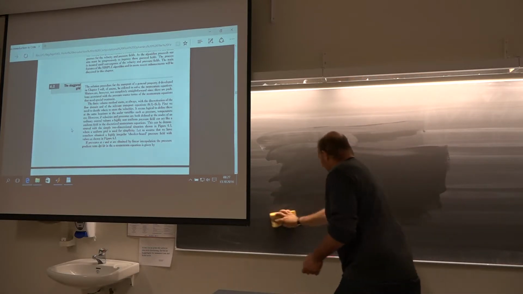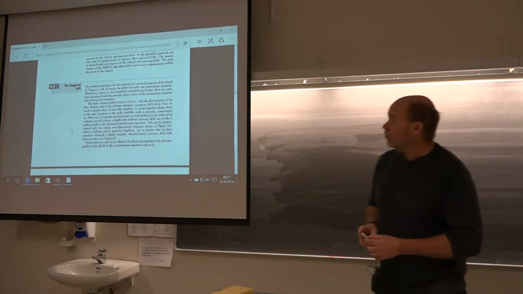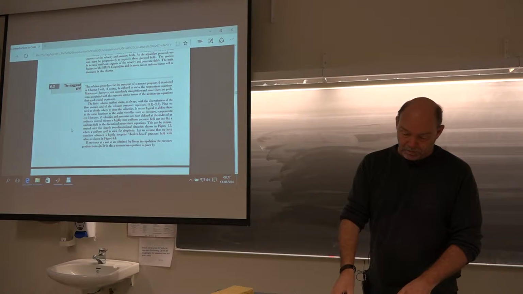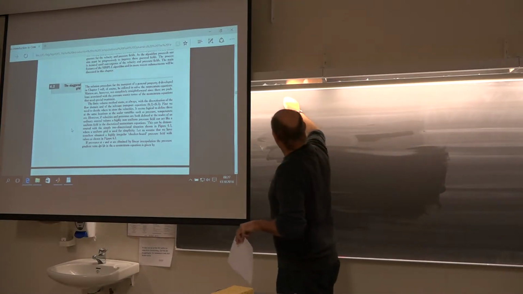The pressure linked equation system. I will go through it a little bit in detail here.